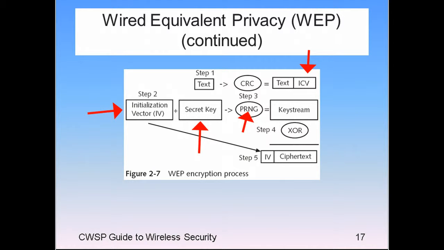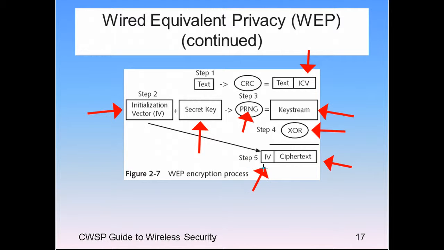So the key stream is going to be essentially a series of 1s and 0s equal in length to the text plus the ICV, the integrity check value. The two values, the text plus ICV and the key stream we created here, are combined through the exclusive or, the XOR operation, to give us the ciphertext.